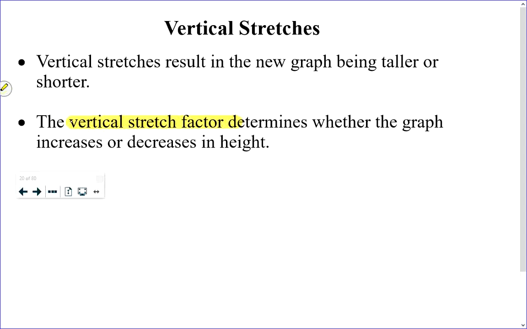So if the vertical stretch factor were 2, and I multiply the height of a graph by 2, the graph gets twice as tall. If the vertical stretch factor is 0.1, and I multiply the height of the graph by 0.1, it's going to get smaller. It's going to get shorter.